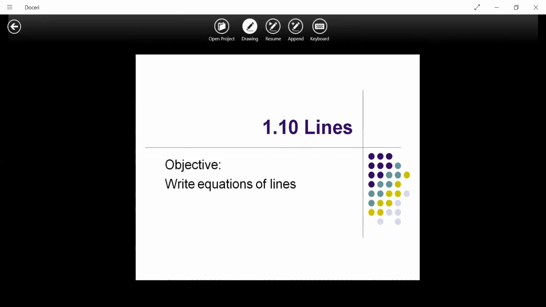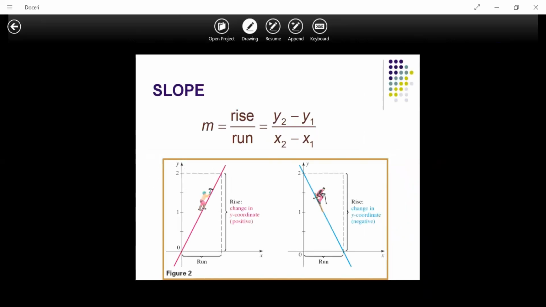Okay, here we go. Do me a favor, just write the slope of the line. We talked about this before. If we're going uphill, we're climbing. It's rise over run. We always know we're going positive. If we're going down, we're going negative. Our slope is always rise over run, or y2 minus y1 over x2 minus x1.